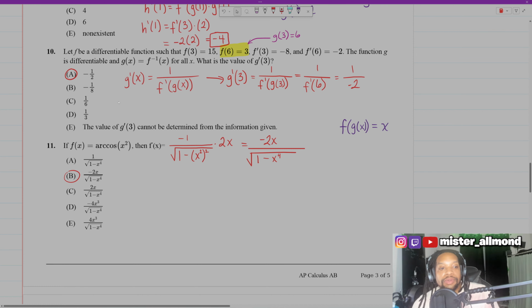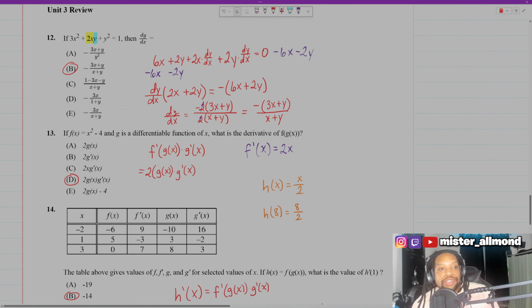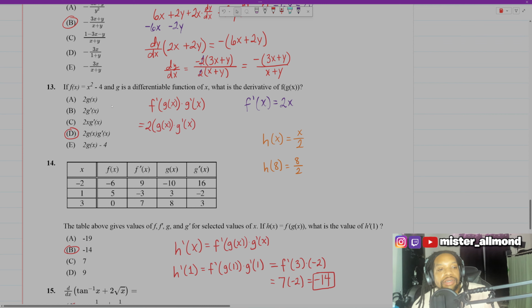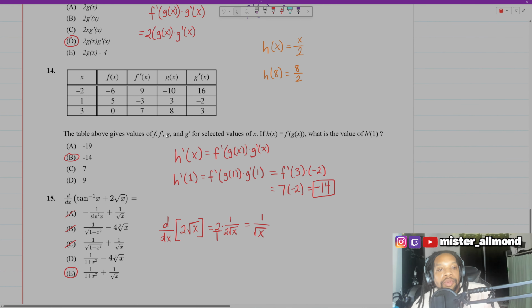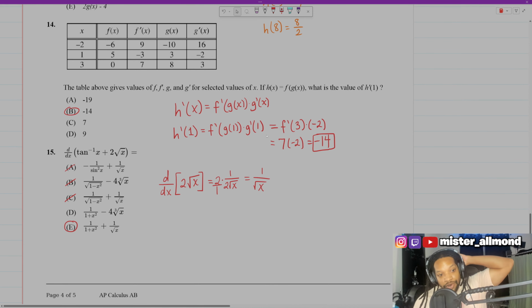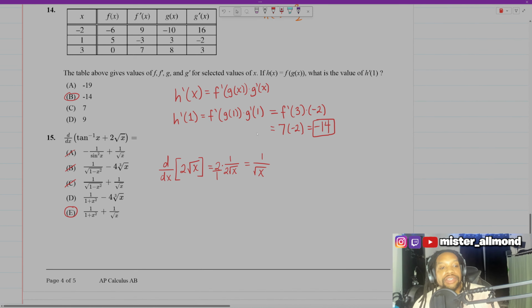Screenshot these if you need them. Number 12, implicit. Nothing crazy about that one. Actually, I wouldn't say it's crazy, but we did have to factor like to get my answer choice. Number 13, pretty basic chain rule. Number 14, what was this one? Chain rule with a table. Nothing too crazy. Number 15 is definitely not crazy.